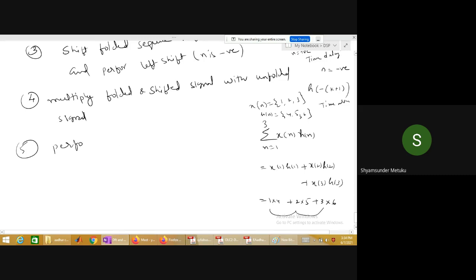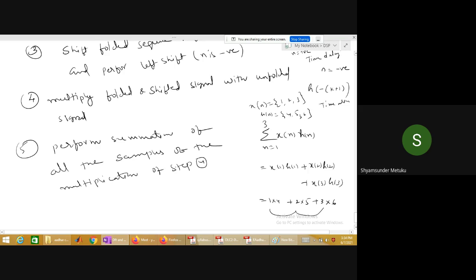Perform summation of all the samples of the multiplication of step 4. Can I write this way? Perform summation of all the samples of the multiplication of step 4. Is it okay?